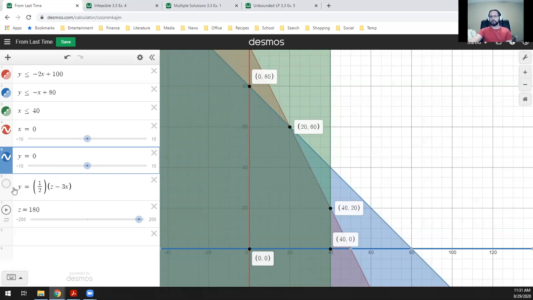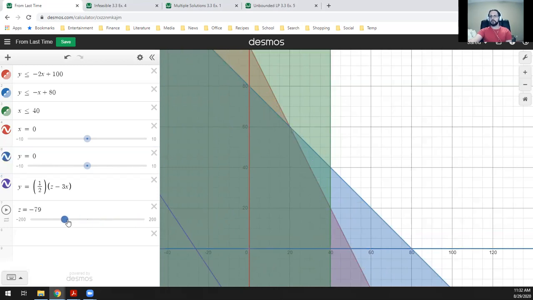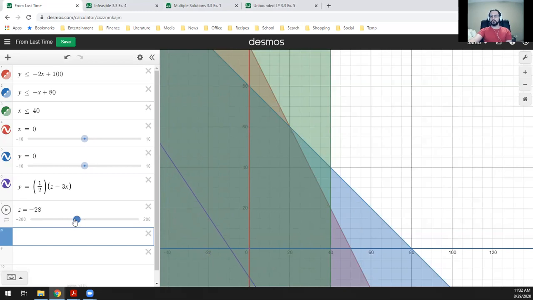Then we rewrote the isocline so we could visualize it moving through the feasible region. By increasing different values of z, we can visualize the isocline moving through the feasible region, going until right here.